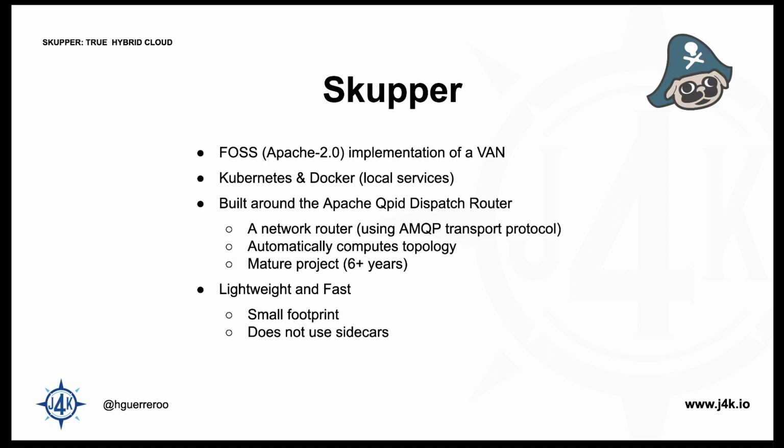This virtual application network implementation with Skupper is using the Qpid Dispatch Router, a component from the Apache Qpid project that allows you to do this network routing. It's using the AMQP protocol as transport, but it's not just for messages.